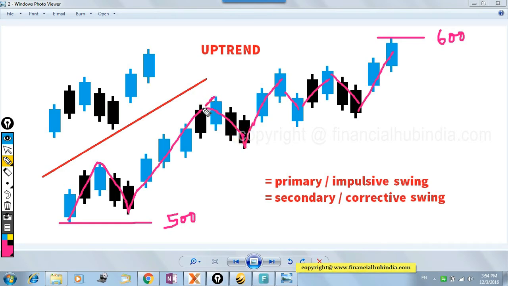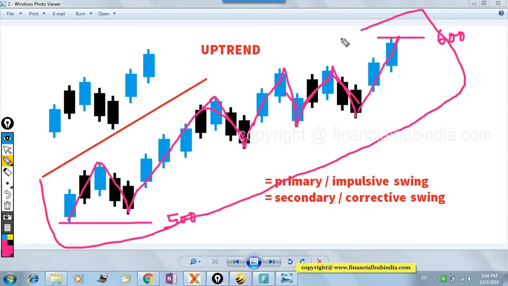From this high to this low, again from this low to this high, from again this high to this low, again from this low to this high, again from high to low and low to high. So in a broader picture, if we see this momentum from 500 to 600, we don't really see straight lines, but we see some zigzag lines, isn't it?